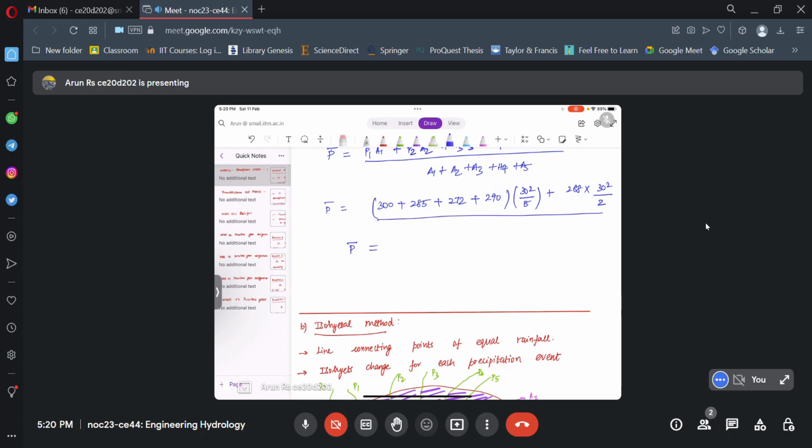Whole divided by your summation of the area, which is 271.375 mm.